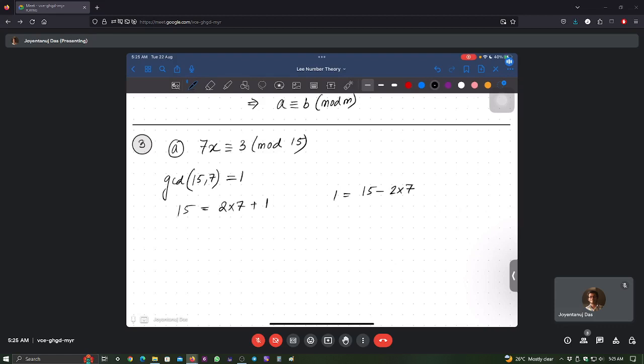So if I take modulo 15 of the whole equation, then minus 2 times 7 is congruent to 1 mod 15, right?